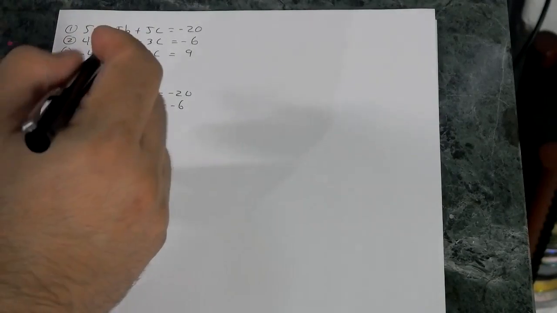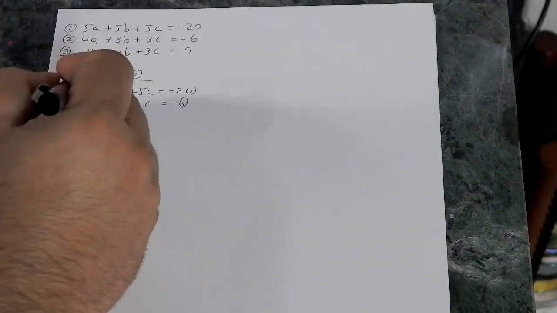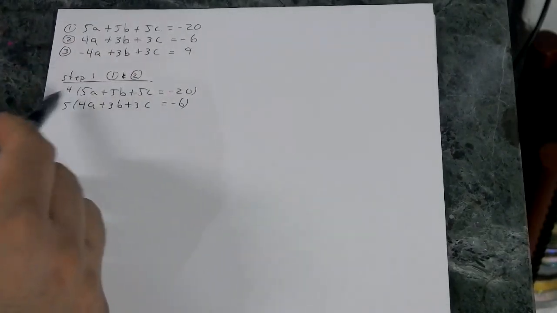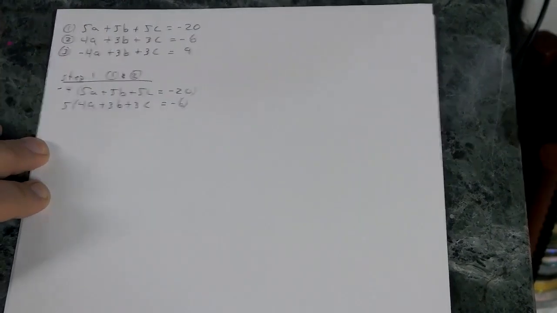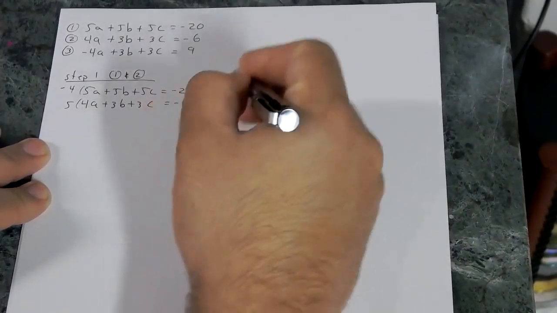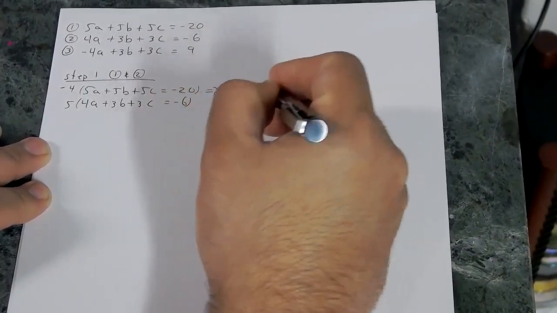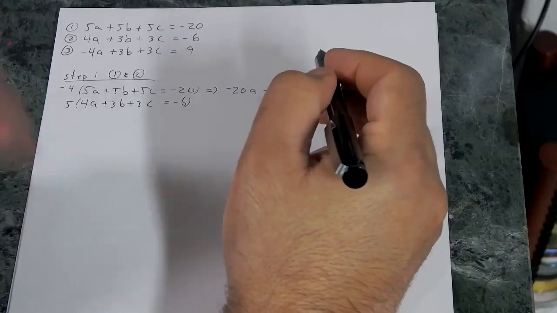I'm gonna get rid of a. So I'm gonna multiply the top by 4, the bottom by 5. And I notice that they're both positive, so I'm gonna make one negative. I'm gonna make the top a negative. Again, that's your choice. So we end up with negative 20a, and again, I just chose a. You can choose a, b, or c. I just chose a.